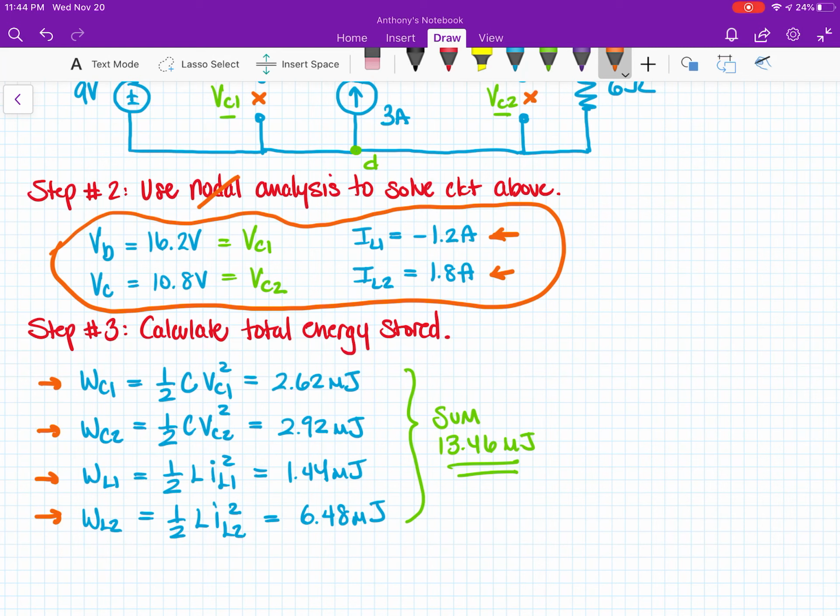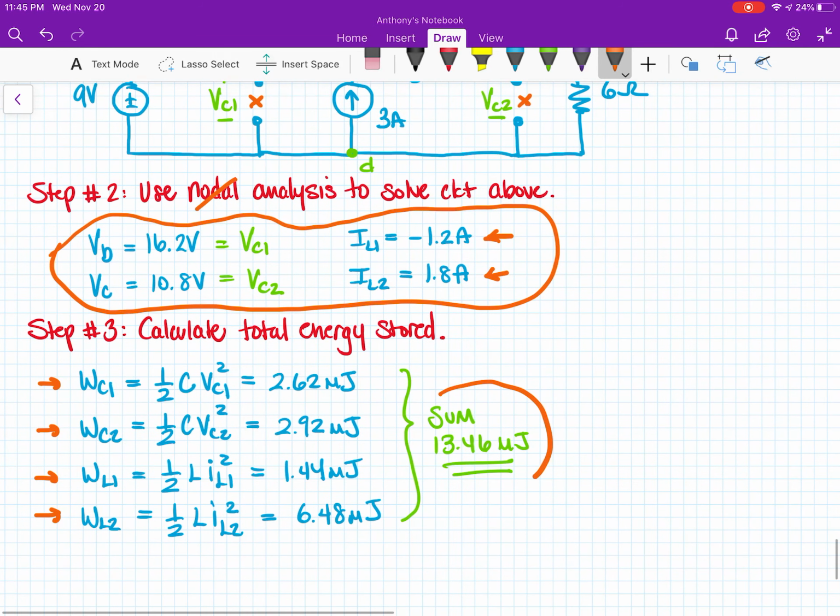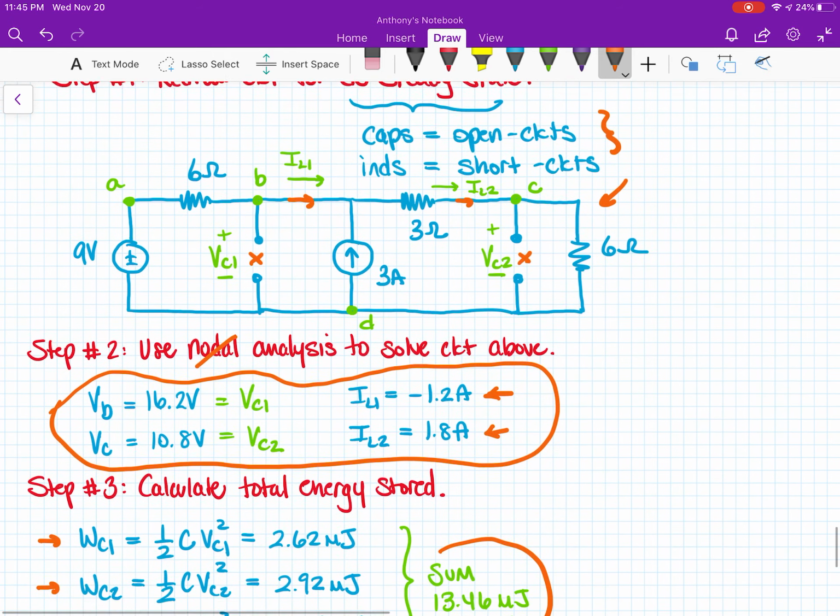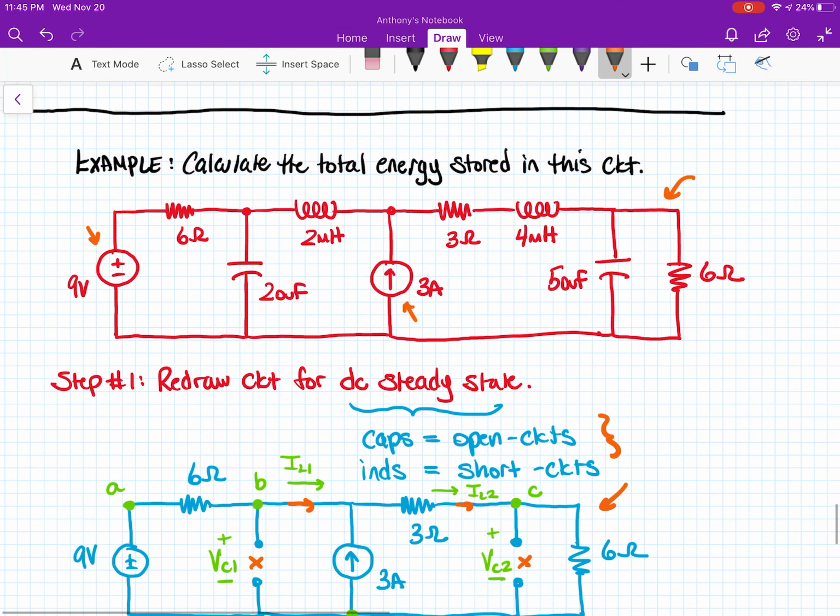That gives us these values: 2.62 millijoules, 2.92 millijoules, 1.44 millijoules, and 6.48 millijoules. The sum of all those together is 13.46 millijoules. And so that gives us the answer to this problem, which is the total energy stored within the circuit.